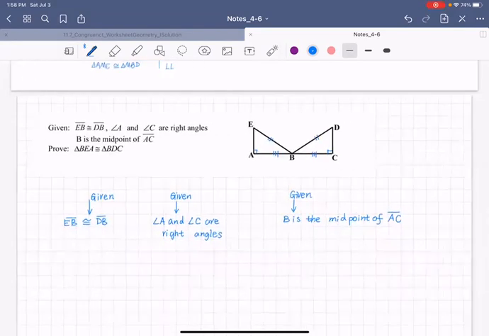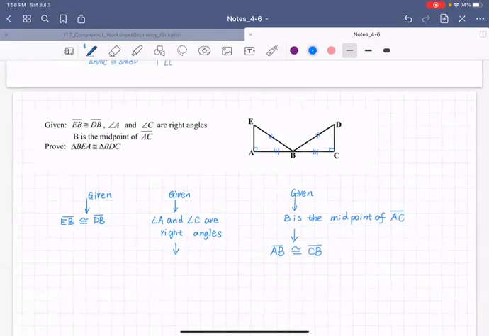HL. Yeah. Hold on. We need to write an extra step, okay? Line AB is congruent to line CB by definition of midpoint. Let's write down this one more step. We see angle ABE and triangle CBD are right triangles, okay?